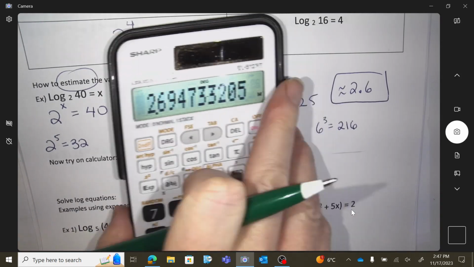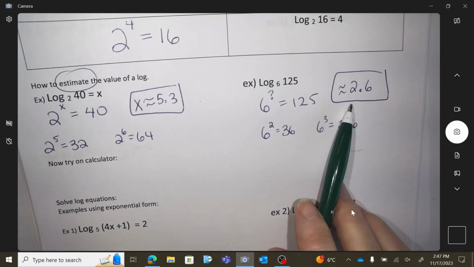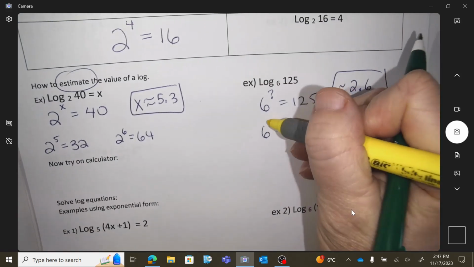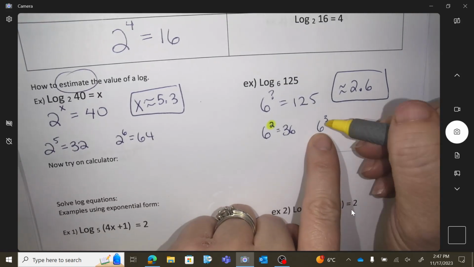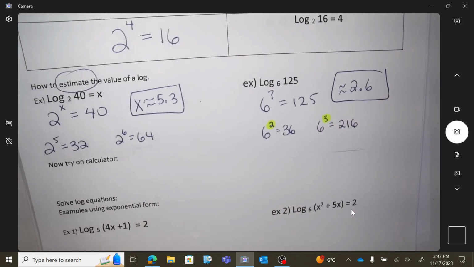What are we doing to get 2.6? It's an approximate guess, right? I knew 2 squared gave me 36, and 2 cubed gave me that. Also, we're guessing the exponent. You're close.